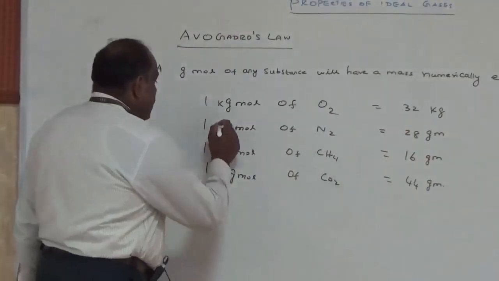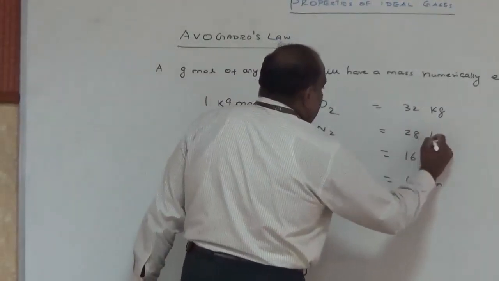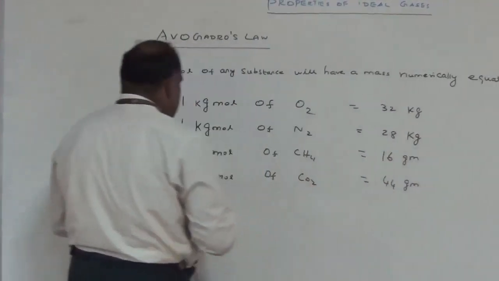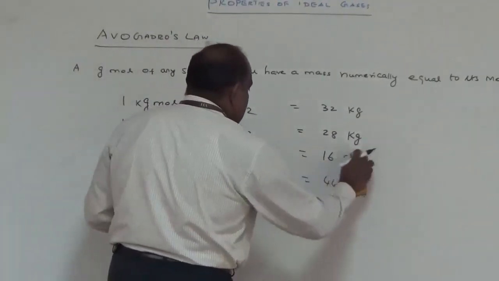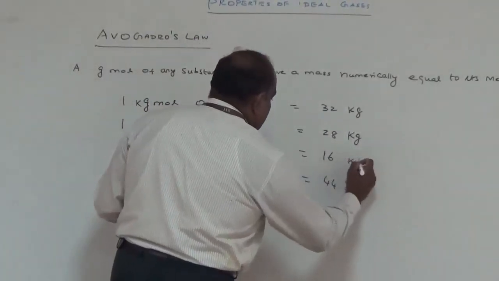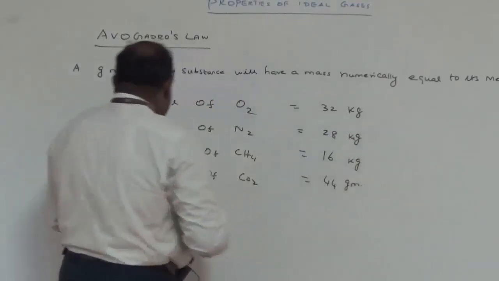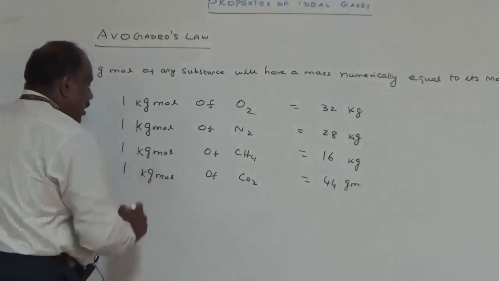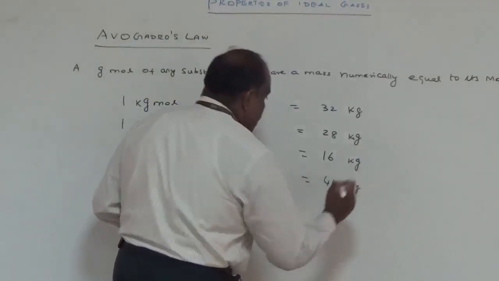So here also, 1 kilogram mole of nitrogen will have 28 kilogram of mass. Similarly, 1 kilogram mole of methane will have 16 kilogram. Please recall, this is not capital K, this is only small k. Similarly, 1 kilogram mole of carbon dioxide will have 44 kg of mass.